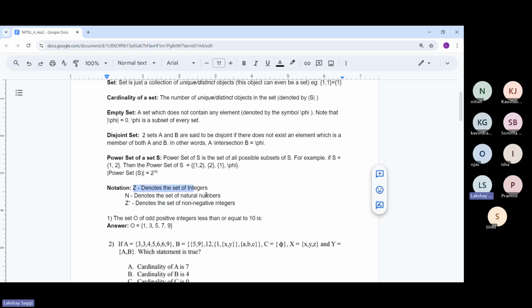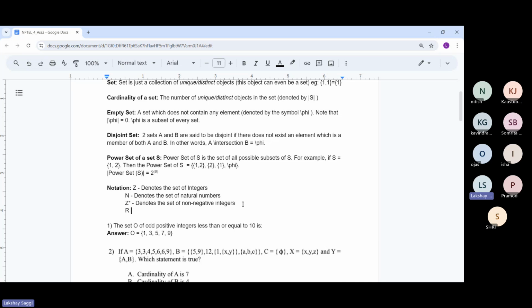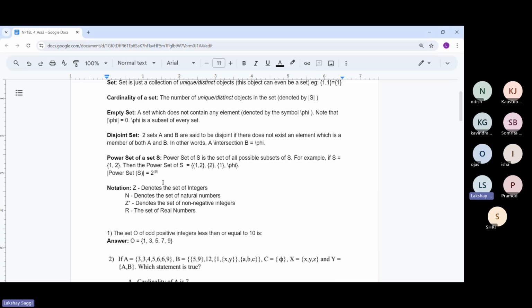These are some notations which we'll encounter fairly regularly. Similarly, there's another notation R, which just means the set of real numbers. Just pointing it out, not so important, but it's good to know these notations.